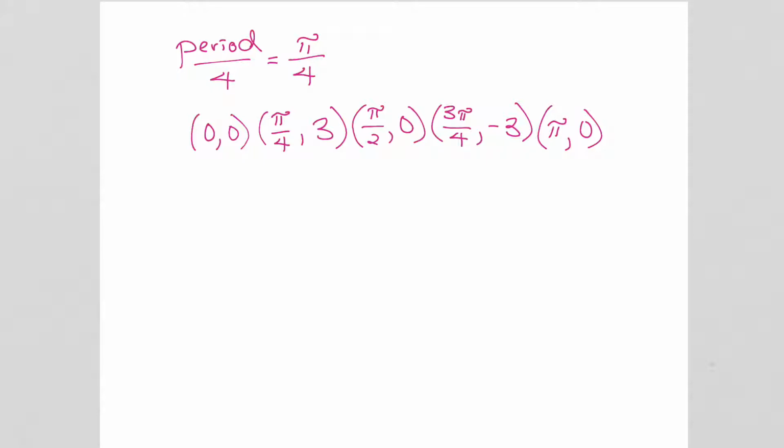So what we do is, I'm going to keep the y values, so let's just go ahead and write this down. All of our x values, we're going to add pi over 4. Or excuse me, pi over 6.